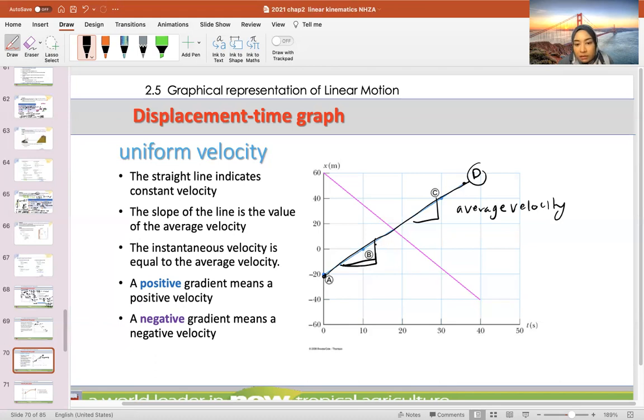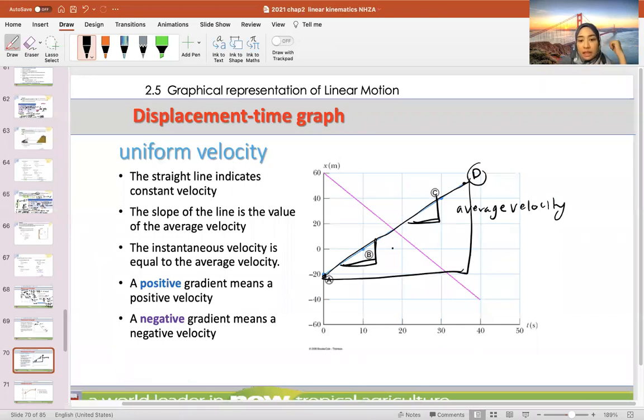And finding the gradient at this point is equal to finding the gradient at this point and is equal to the gradient at this point. So the average velocity is equal to the instantaneous velocity for a uniform velocity. For a linear motion lah basically.